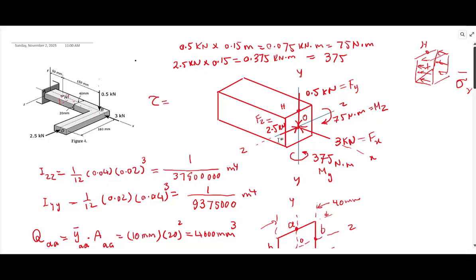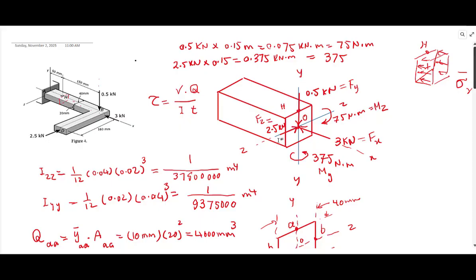And with 2.5 this is based on the shear stress equal to shear force multiplied by Q over I T. V is the shear force, Q is the first moment of area about the neutral plane. In this case, the neutral plane for 0.5 is the ZZ axis, but when you put the 2.5, the neutral plane would be YY.